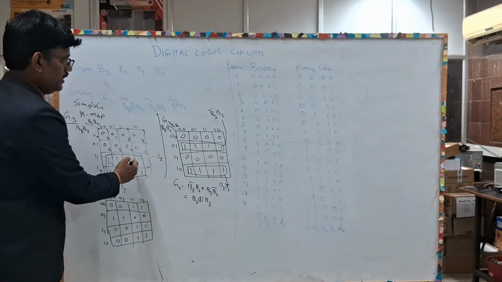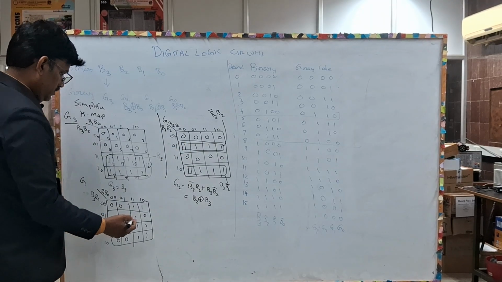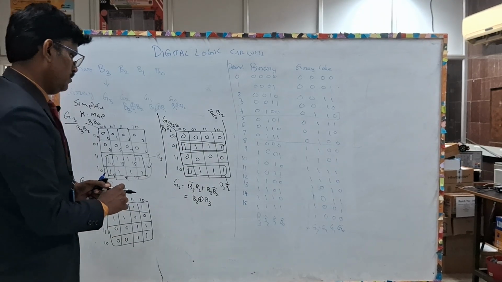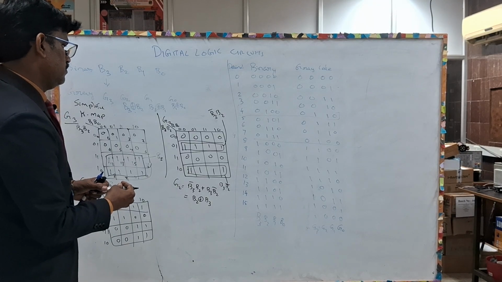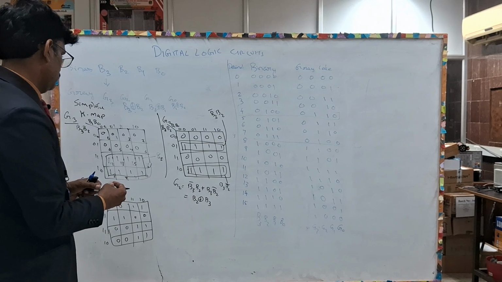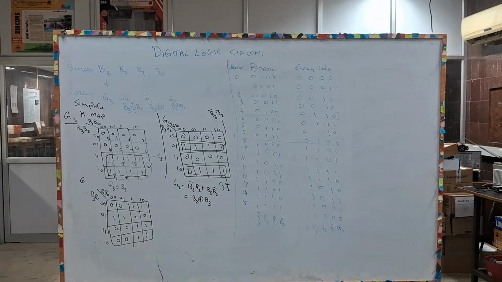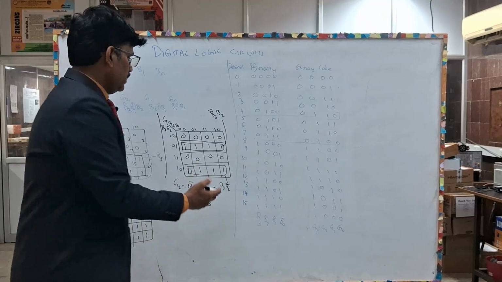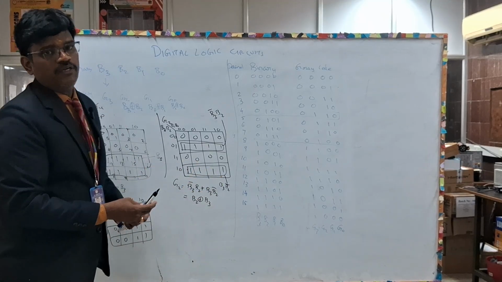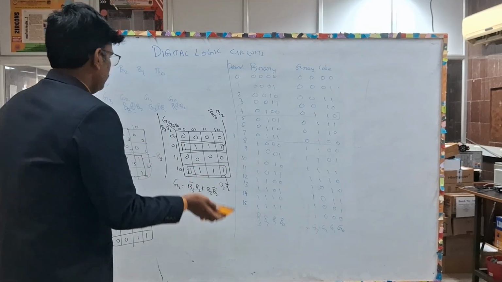Here we have an 8 grouping, and here we have a 4 grouping. From this simplification, we can identify that this is an XOR operation between these two. So now we have the gray code.